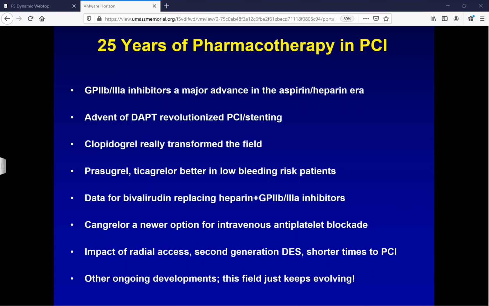Then the third would be patients who are low risk of bleeding, like you mentioned. The fourth would be younger patients, ideally below the age of 65. Even though the trial was 70, I'd like to see somebody in their 40s, 50s, 60s to think about putting that patient on Prasugrel.